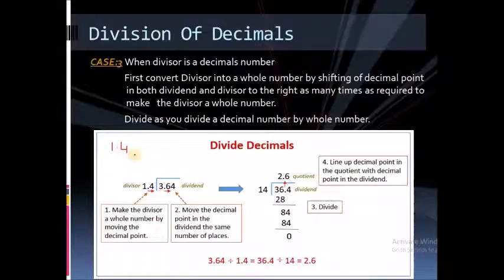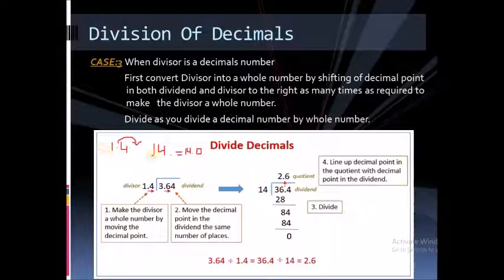To make it a whole number, I have to shift this decimal to its right. Okay. So if I shift this decimal point to the right, what will it become? It becomes 14 point, and all of you know 14 point is equal to 14.0.